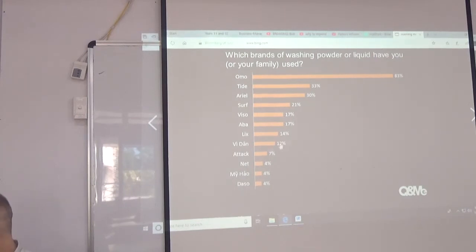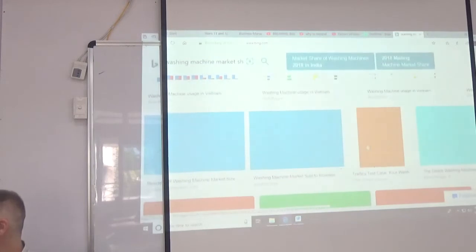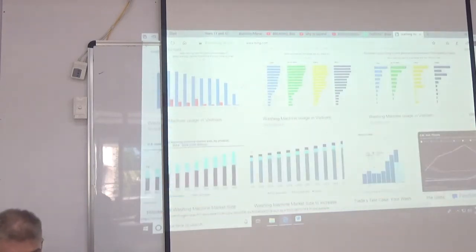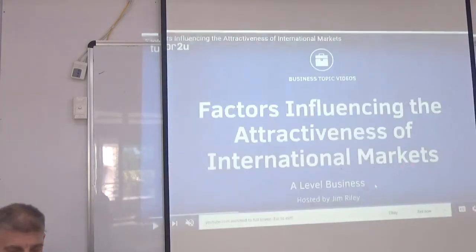Omo, everybody uses Omo. And then you have all these random brands. I think I used Net once. Net, that was part of the 4%, yeah. So there's so much market research information, so you can check a little bit about the feasibility of your market from that. Try to understand how big it is anyway.